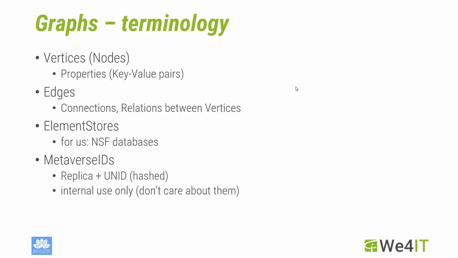A metaverse ID is a combination of a replica ID and a unit, and it is only used for internal usage when it comes to the implementation within the ODA. You don't have to care about them. Let's say it's just some kind of coordinate to find your data.